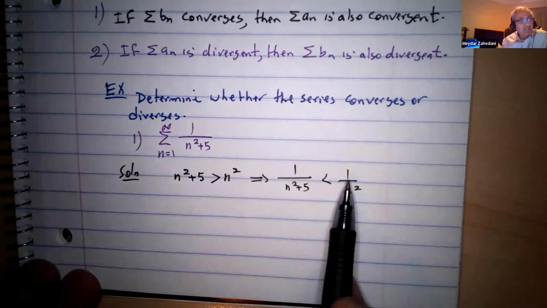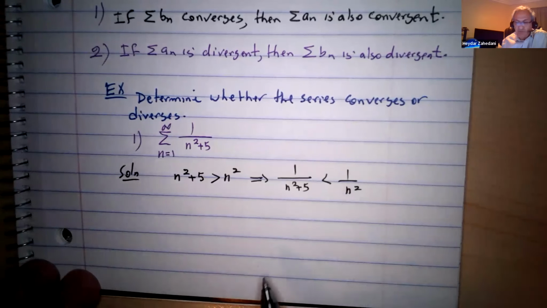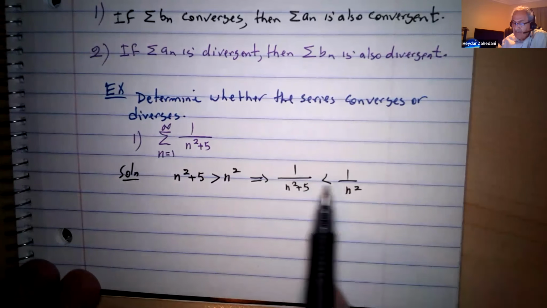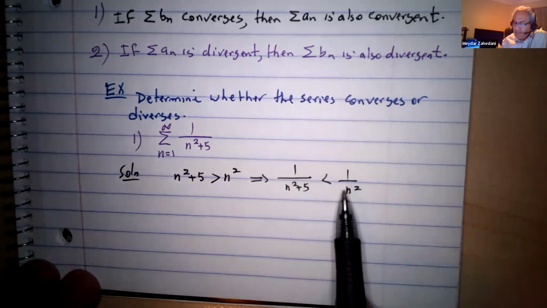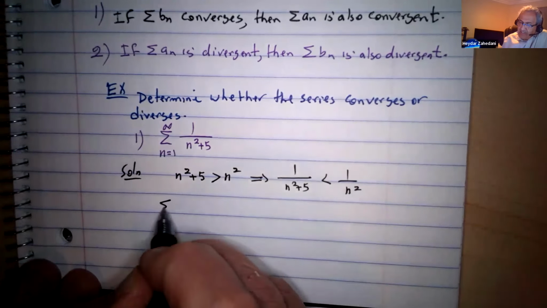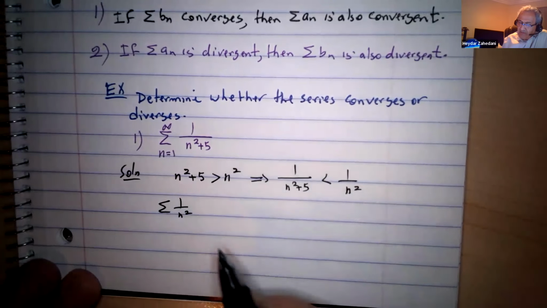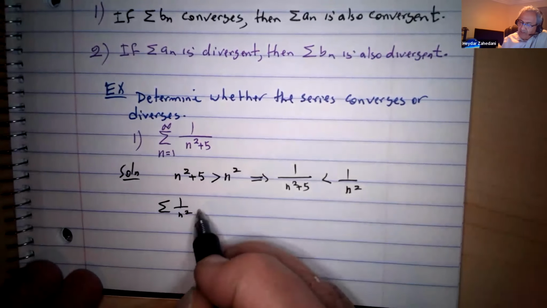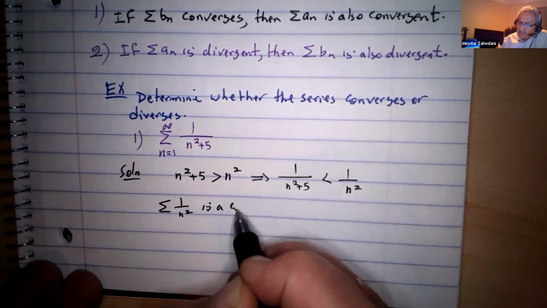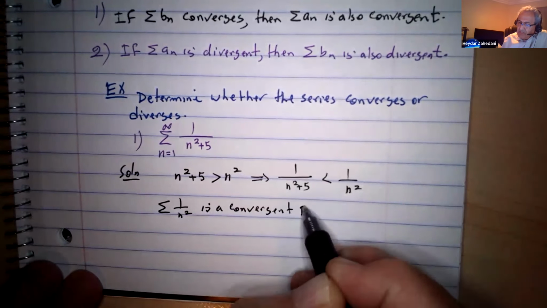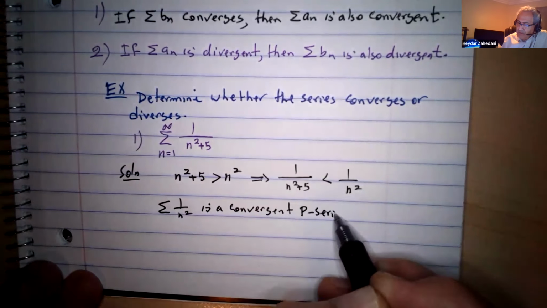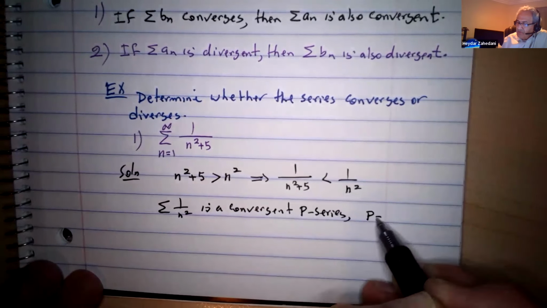So the bigger series 1 over n squared is convergent. So it means you cover the big one. If you cover the big one, the smaller one will follow. Okay, so now you explain that sigma of 1 over n squared, you know that is a P series, is a convergent P series. You know that P is equal to 2 and bigger than 1.